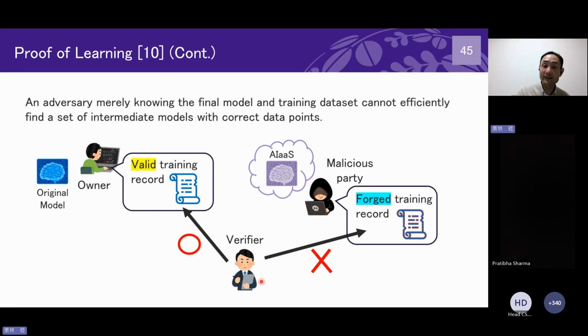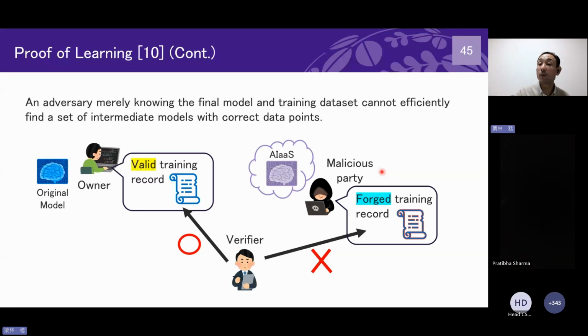In this case, the verifier requests the training record from the owner and the malicious party. If the owner is a valid owner, he stores the training record. Therefore, he can show the valid training record to the verifier. But the malicious party did not train the model on his side. He just stole the model from the owner. Therefore, the malicious party does not have a valid training record.